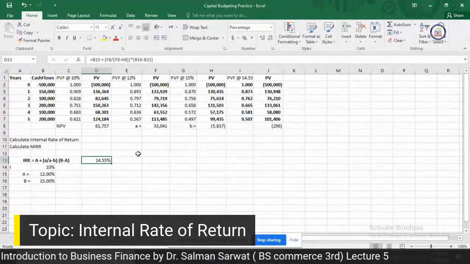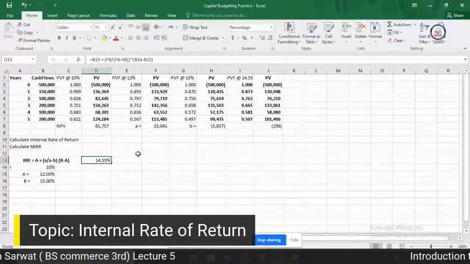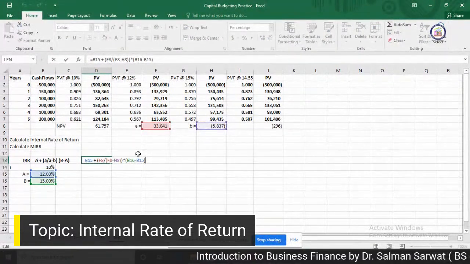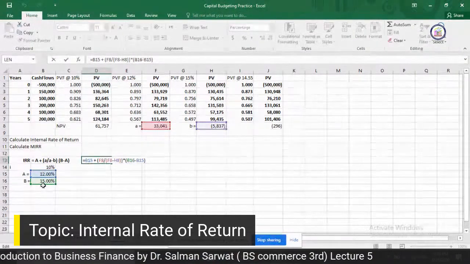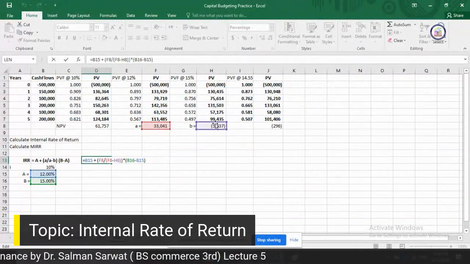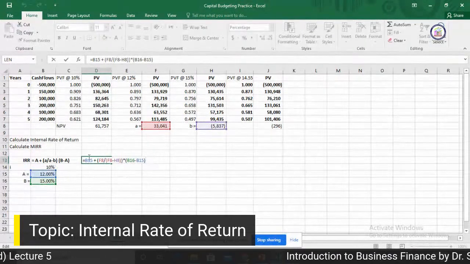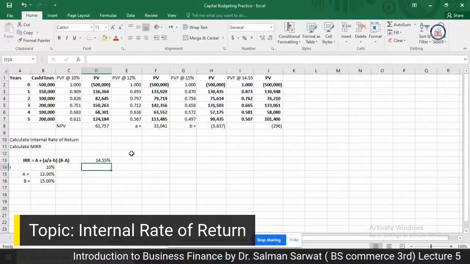Here you can see in the formula bar that I have used all the values of capital A, capital B, small a and small b, and by putting all the values in the interpolation formula, we have got 14.55%.